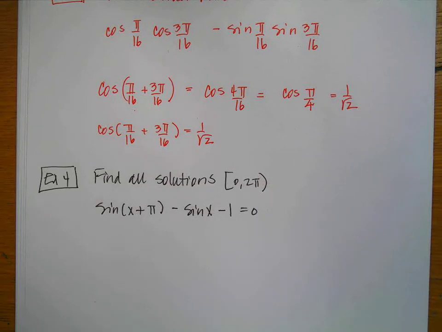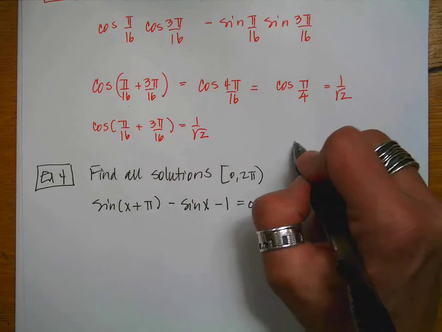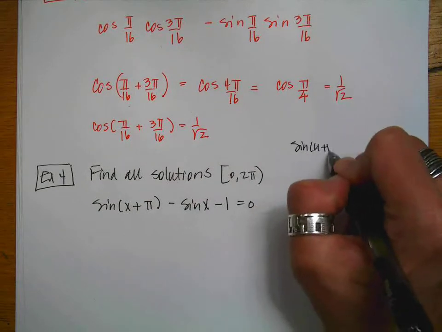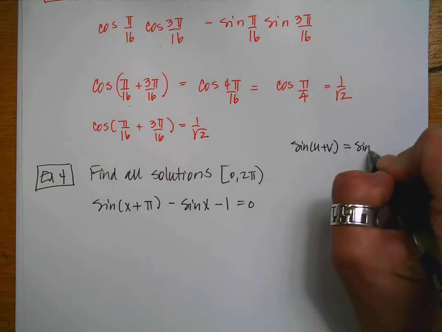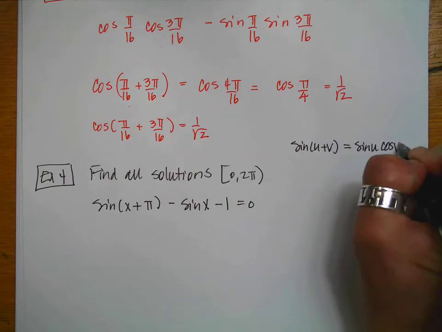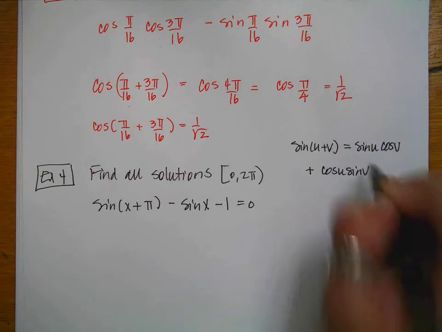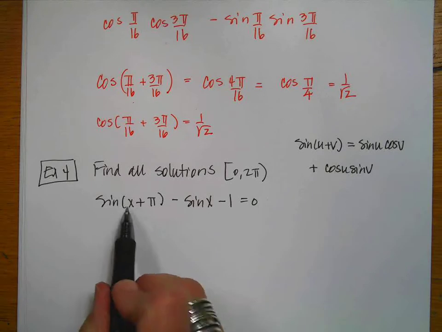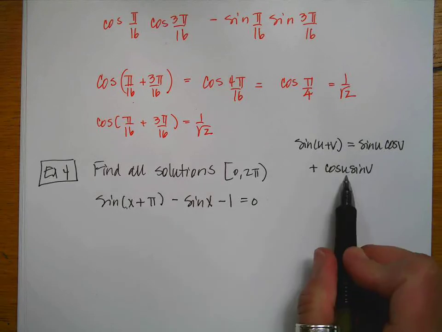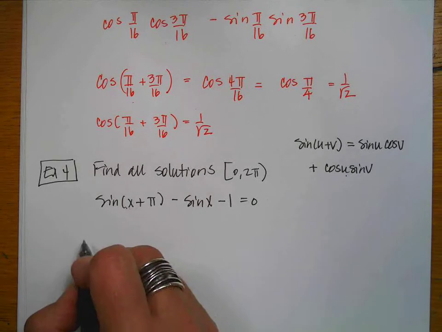So this is a trig equation, and it's actually going to include a sum. So over here, I'm going to write the sine of u plus v is equal to the sine of u cosine of v plus the cosine of u sine of v. Okay, so now I'm going to simplify this piece using the sine of a sum.